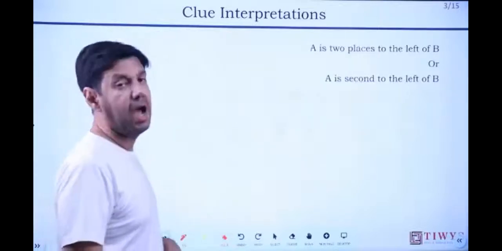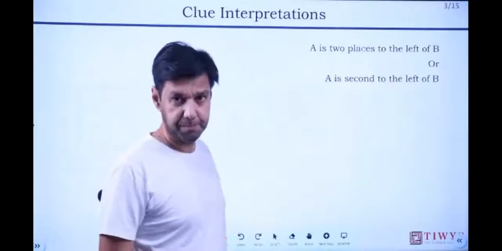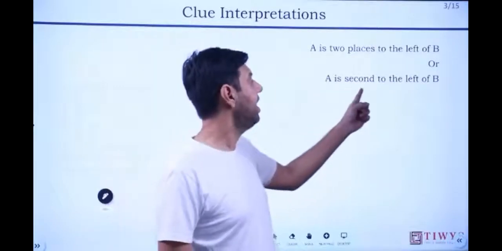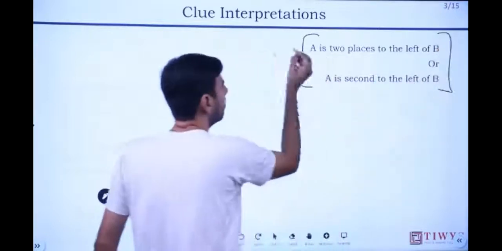Okay, next clue. A is 2 places to the left of B, or A is second to the left of B. First thing is these both refer to the same.